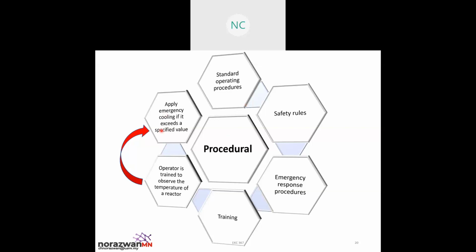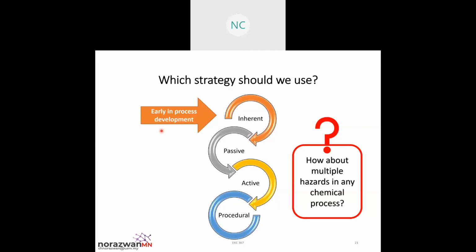Okay, that's the four strategies. So which strategy should we use? When you are in the early part of the development of your plant design, you can apply inherent, then you apply your passive, active, then procedural.